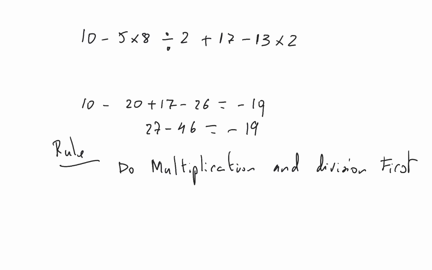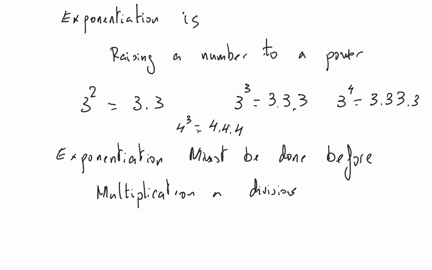Okay, so the idea is always to do first the multiplication and division, and later on the subtraction and addition. When it comes to exponentiation, this is the first that you will do. 4 raised to the power 3 is 4 multiplied by 4 multiplied by 4.